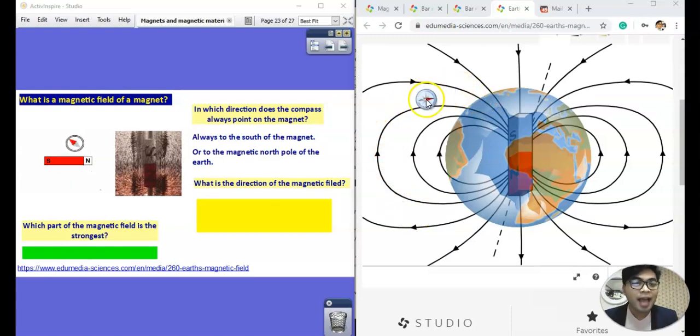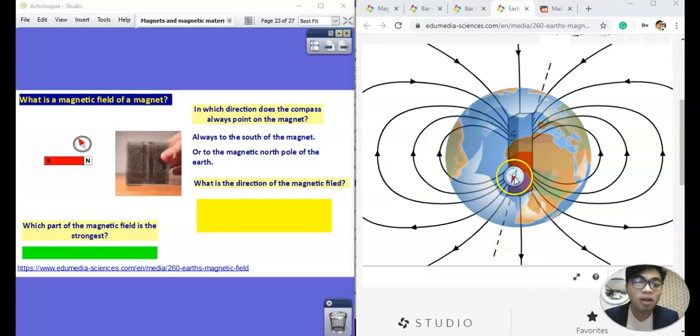Actually, on the Earth, this one is the North Pole, and this one is the South Pole. So the magnetic North Pole of our Earth is technically the South Pole of a very big magnet, and the magnetic South Pole of the Earth is technically the North Pole of a very big magnet in the world.